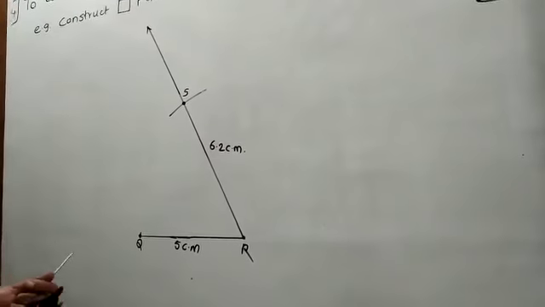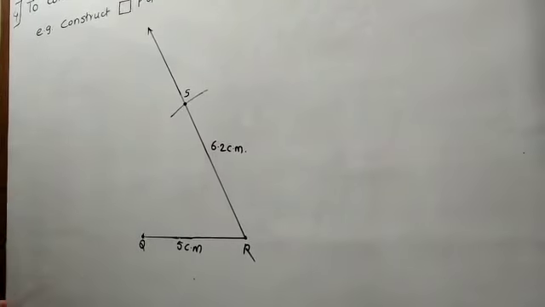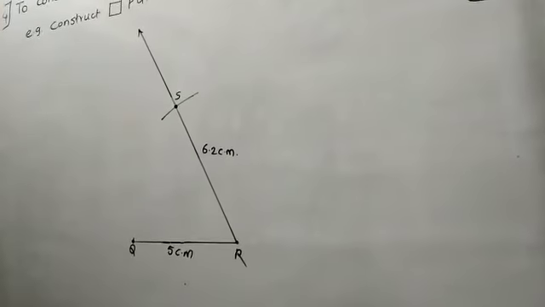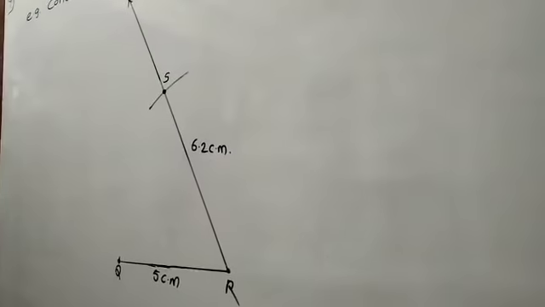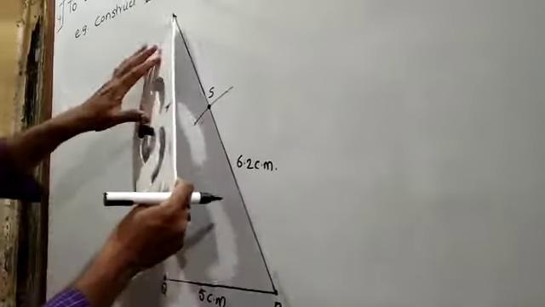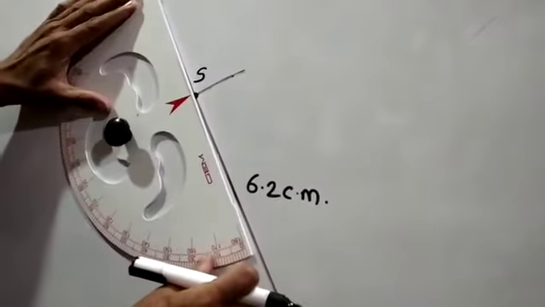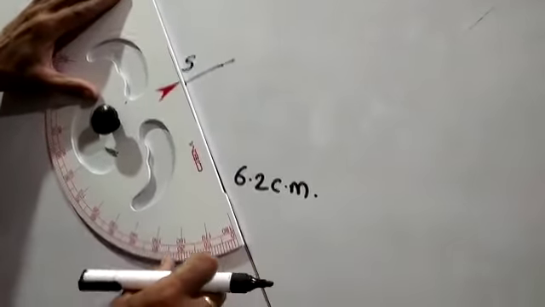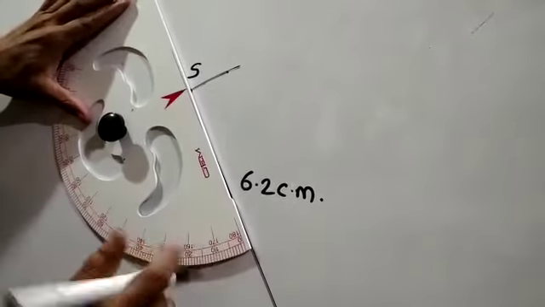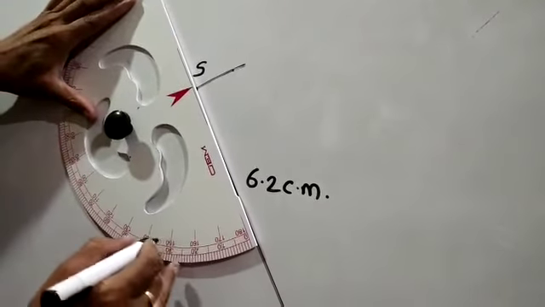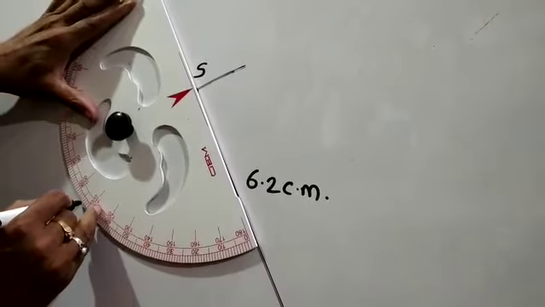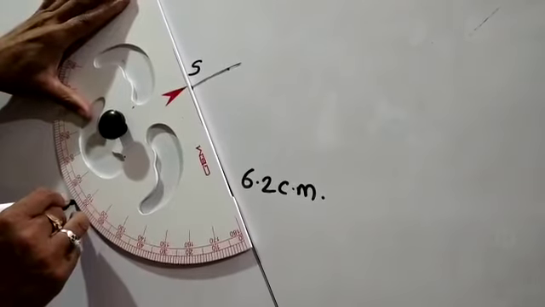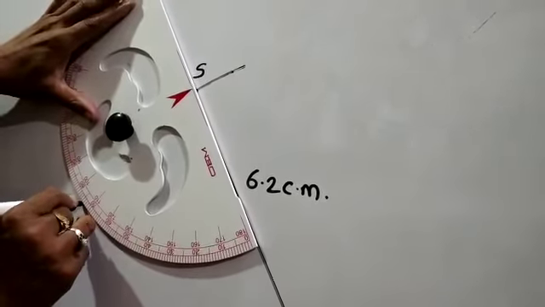Then here at vertex S you have to make the angle of 75 degree. So keep the protractor on vertex S, and make the angle of 75 degree. 75 degree means here you have to start with 0, 10, 20, 30, 40, 50, 60, 70, and 75 will come in between 70 and 80.